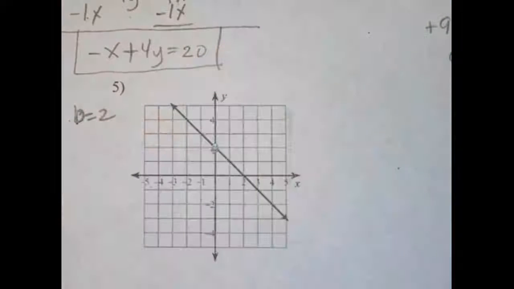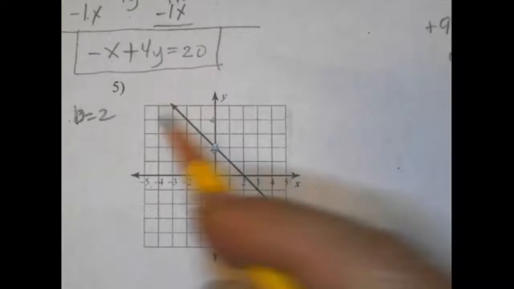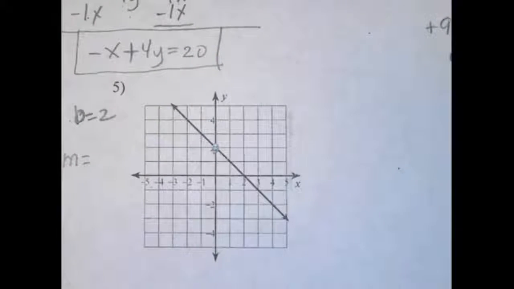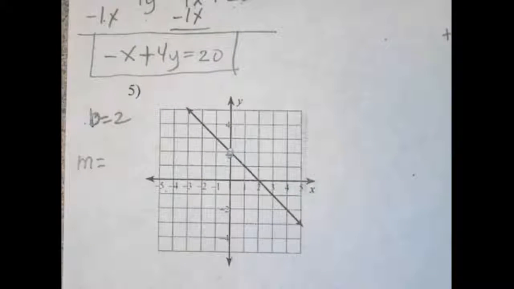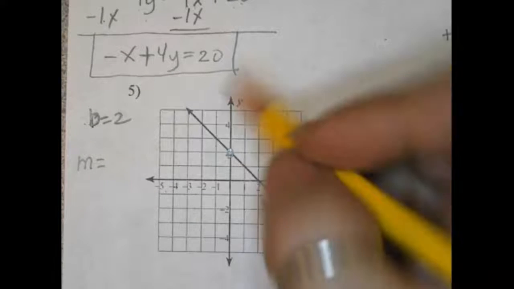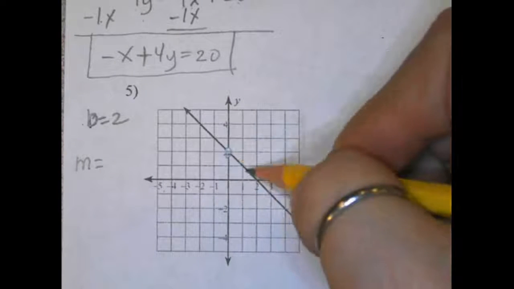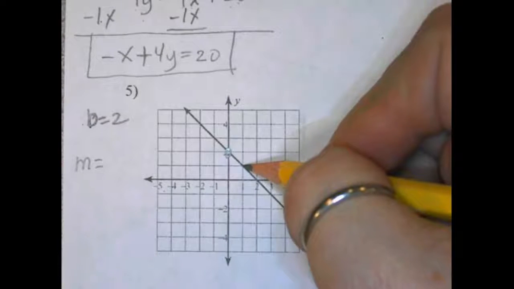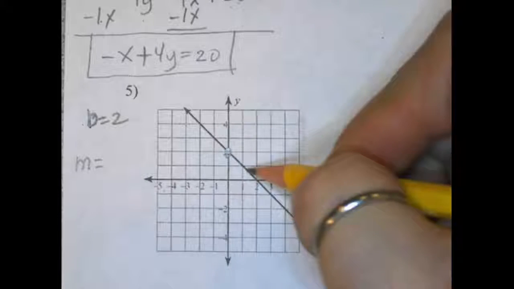What else do I need to know in order to write an equation from this line? I need to know my m, right? My slope. Okay? So I need to see where else it crosses right in the crosshairs. It does there too, right? Up here? Right there?